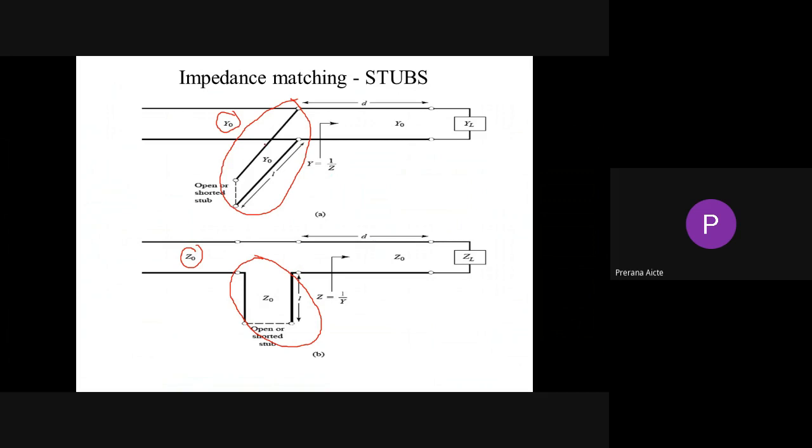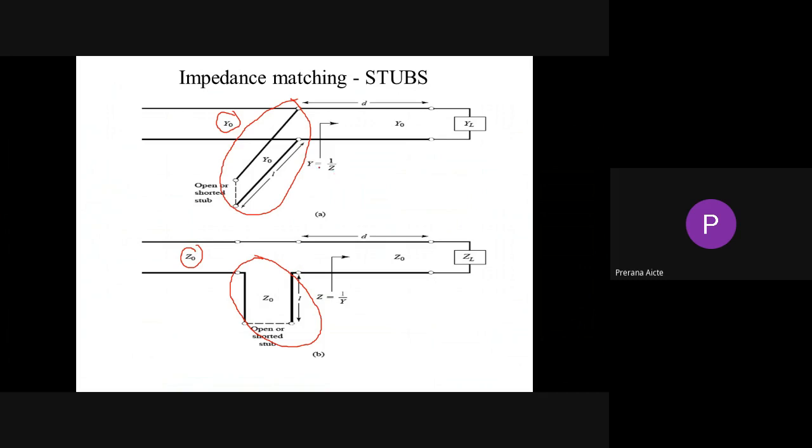Here, admittance can be converted into impedance: Y is equal to 1 by Z, or Z is equal to 1 by Y.